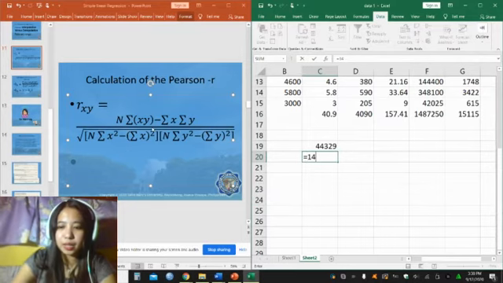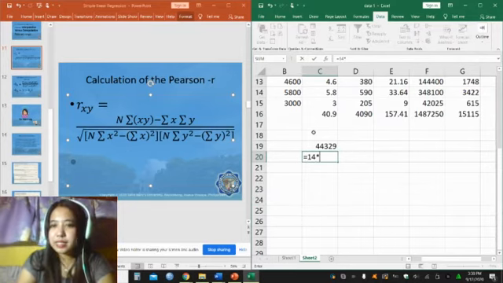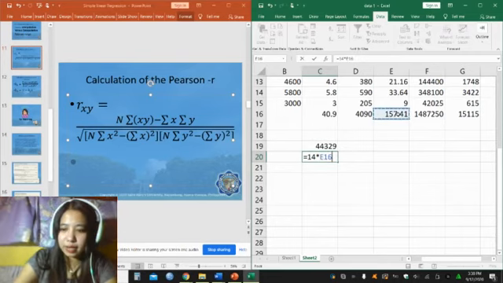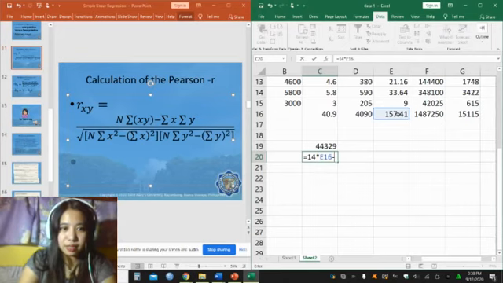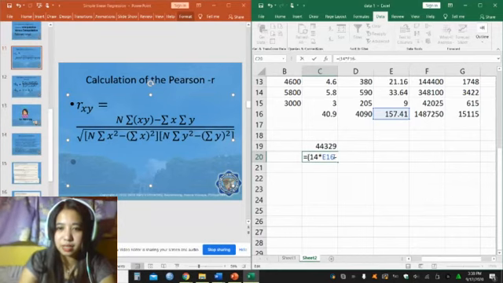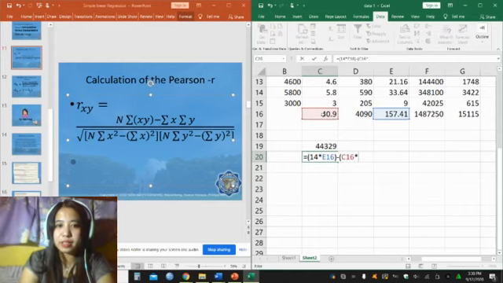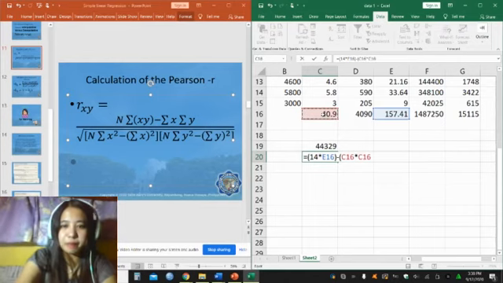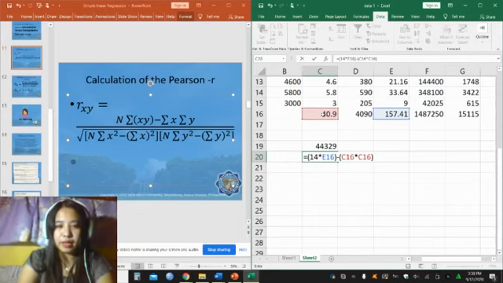So 14 multiplied by the summation of X squared, which is this one, less, let's just place open and close parentheses, less the value of the summation of X, and then get the square of that. So we will just multiply it by itself.